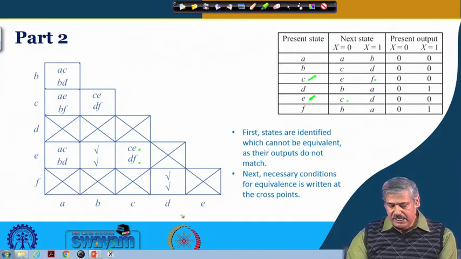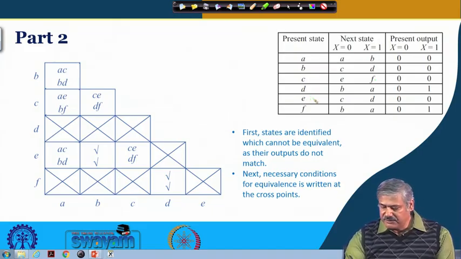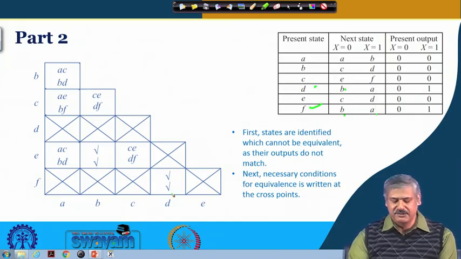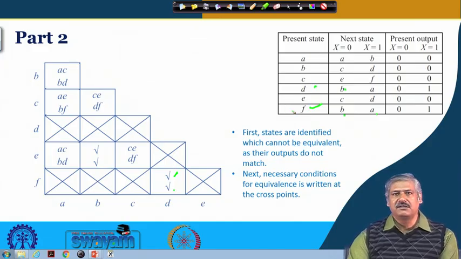Okay. And what about the other case, D and F? D and F, they will be equivalent if B and B are equivalent and A and A are equivalent, which are of course the case. So, we have put tick tick, right. That means both are already equivalent from the state transition diagram or the table that we already have with us.